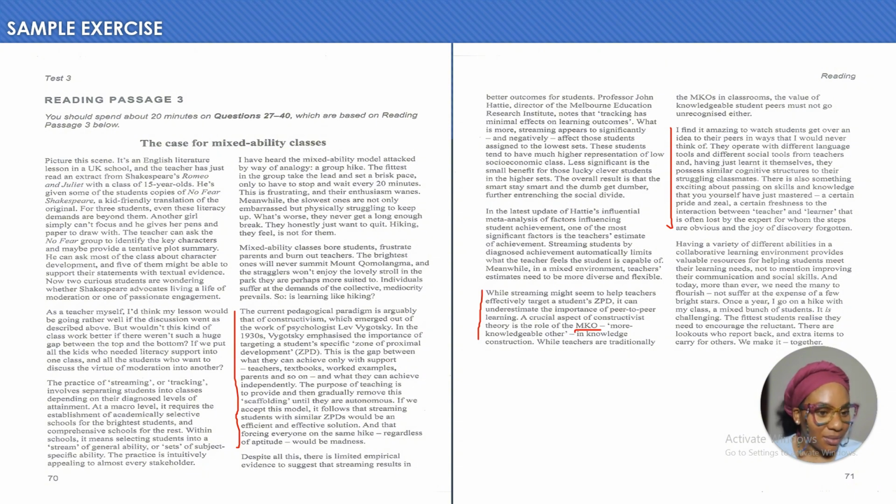It is challenging. Defeated students realize they need to encourage the reluctant. There are lookouts who report back and extra items to carry for others. We make it together. Do you notice that the answer is not given?